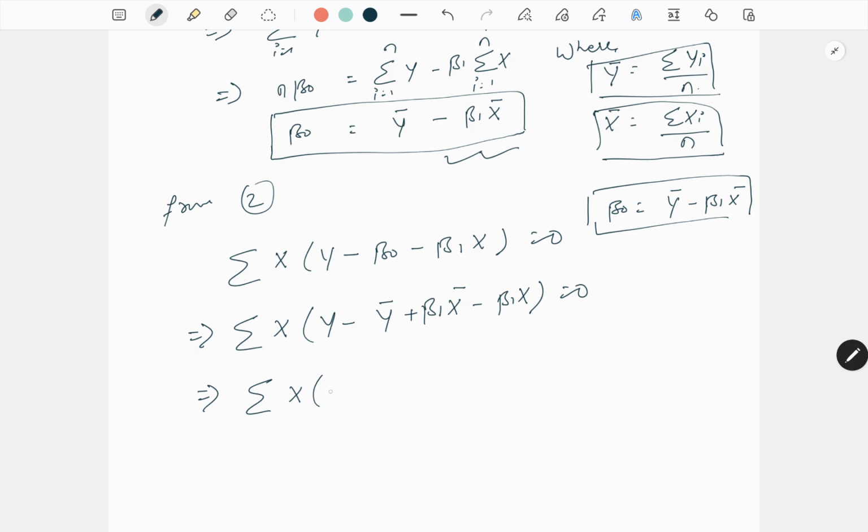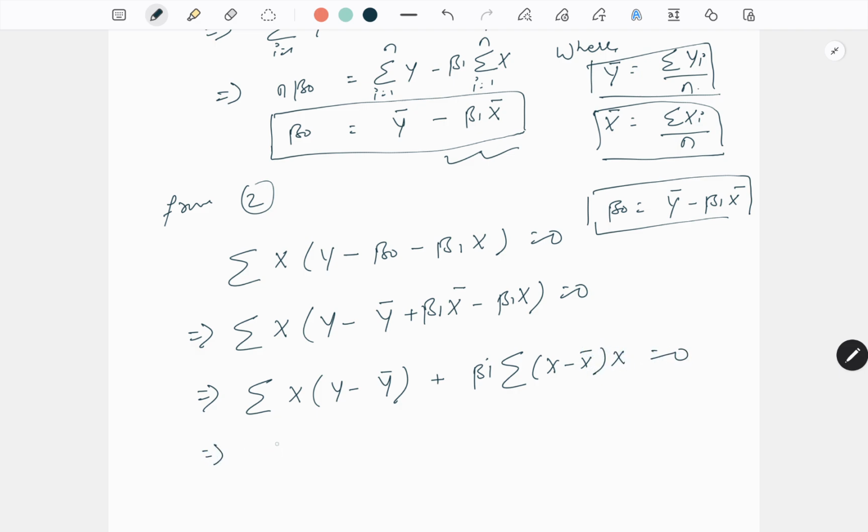From here we can get the sum over x times (y minus y bar) plus beta 1 times the sum over (x minus x bar) into x, and this will be equal to 0.